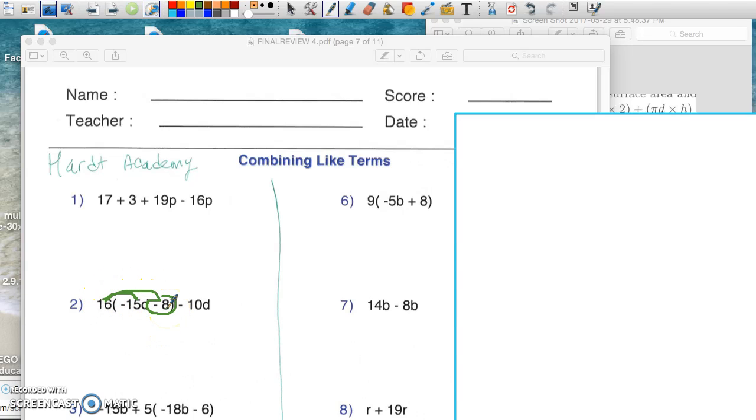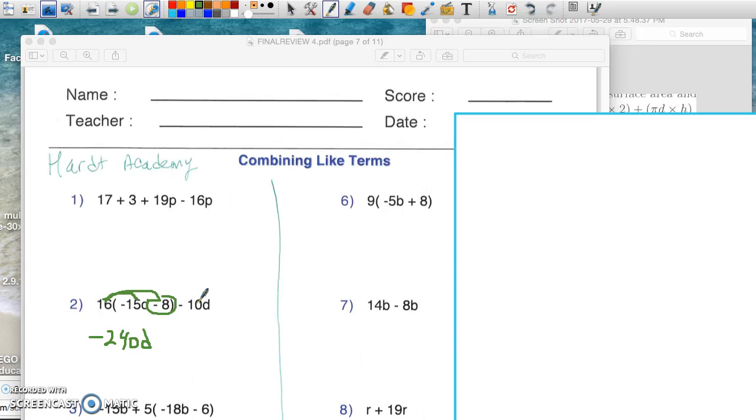Remember, you're going to use a calculator for this section, just in case. So you have 16 times negative 15, you get negative 240. Keep the letter with it because that 15 carried a d. So negative 240d.